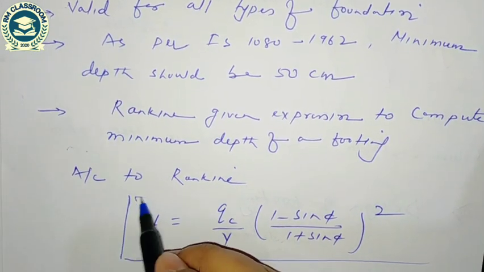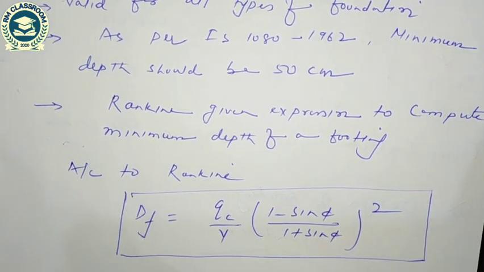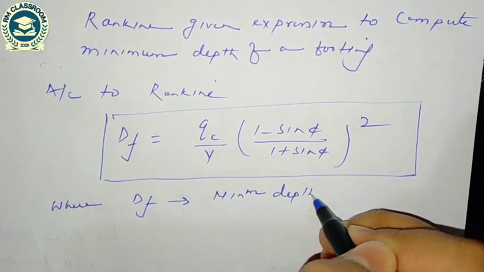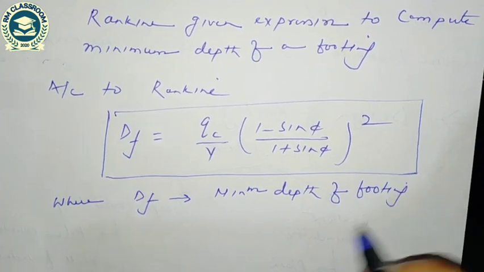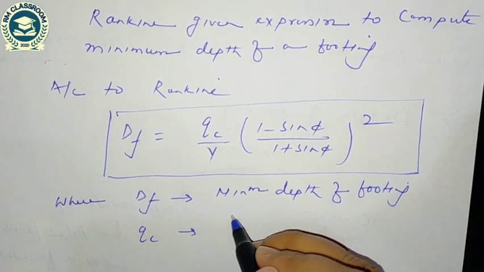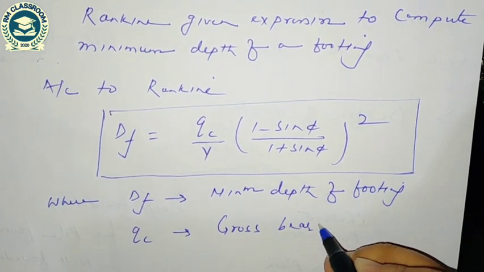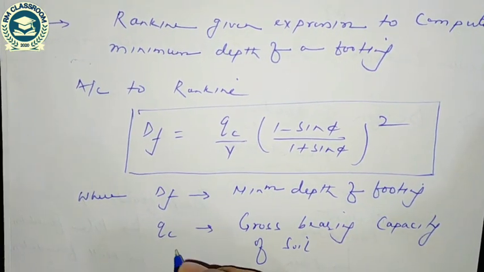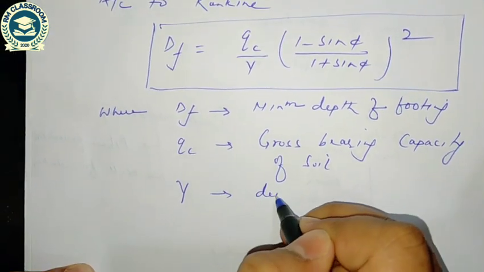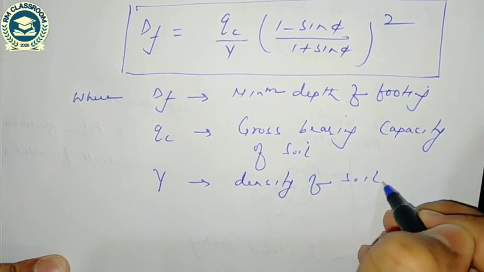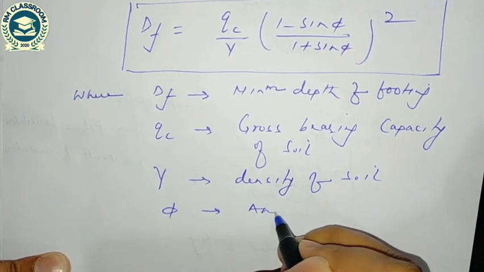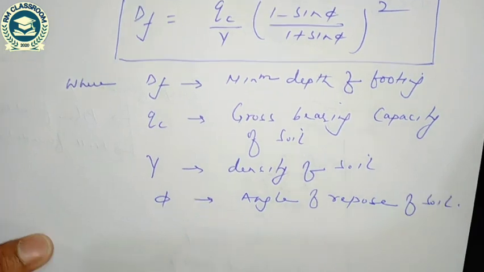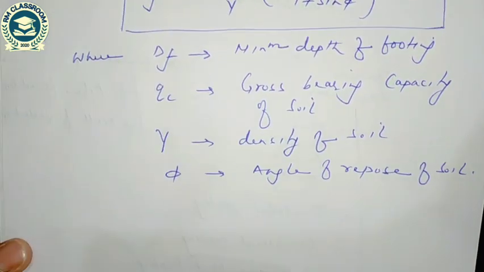So for any type of foundation the minimum depth can be computed, where Df is the minimum depth of footing, qc is the gross bearing capacity of soil, gamma is the density of soil, and phi is the angle of repose of soil. So from this formula we can compute the depth of footing.